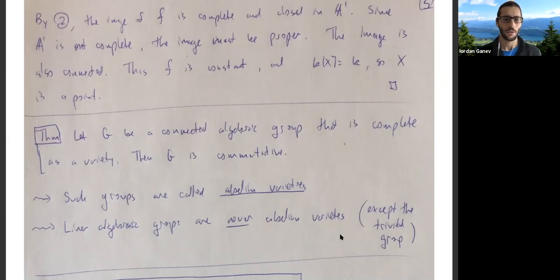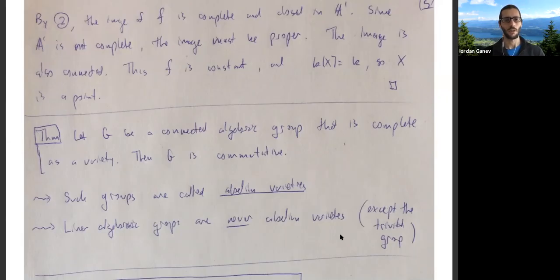The groups that arise in this way are called abelian varieties. They're kind of orthogonal to linear algebraic groups. Linear algebraic groups are affine as varieties, and abelian varieties are complete as varieties.